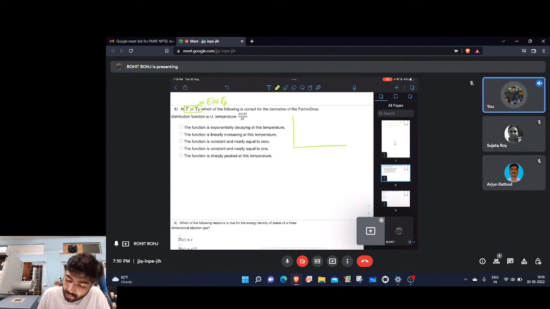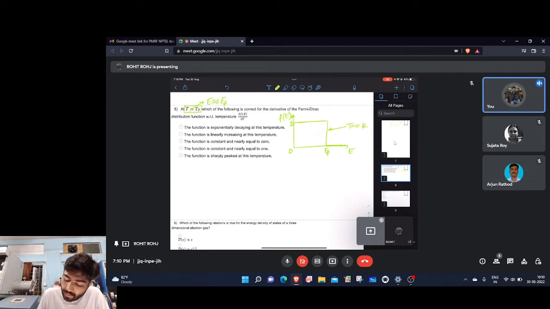Now as we have already found, the Fermi function varies with energy in such a way that when energy is less than EF, one has a probability of occupancy 1 and 0 for the later part, and this is valid for T equal to 0.